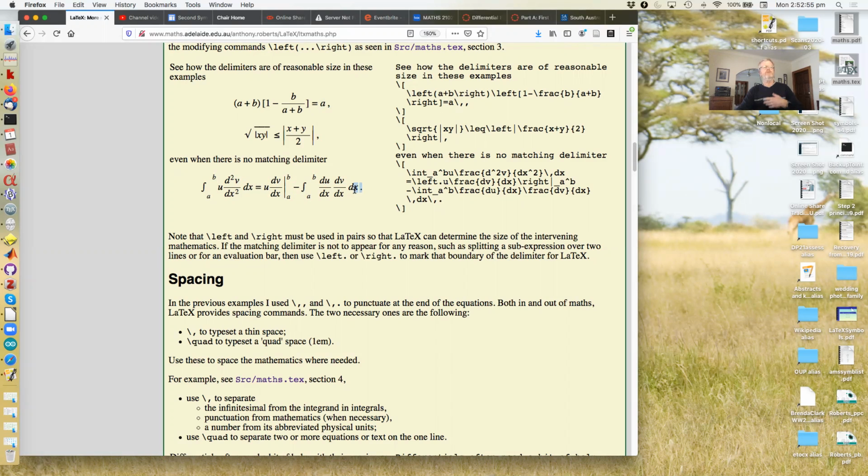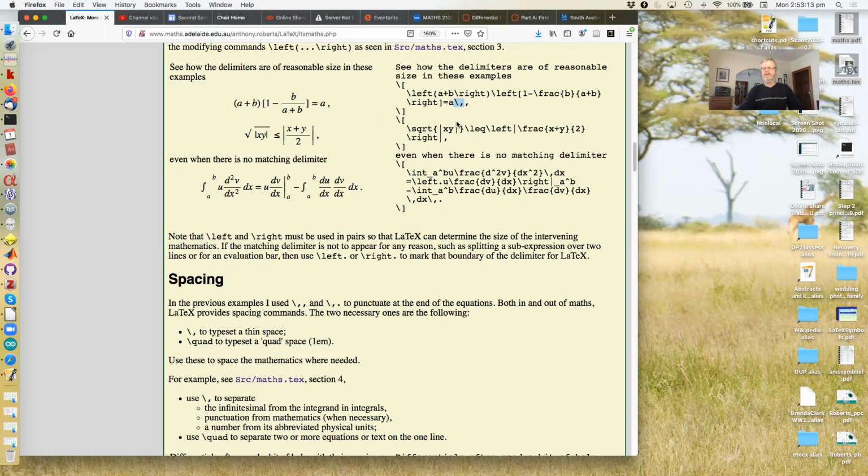This is good practice. When the punctuation may get confused with the mathematics or hidden in the mathematics, just separate it by a small space. The thin space is \,.